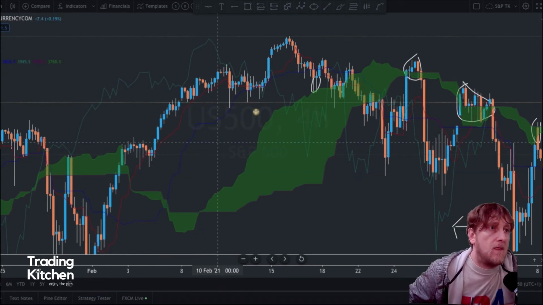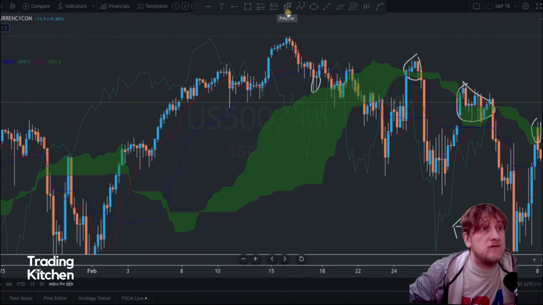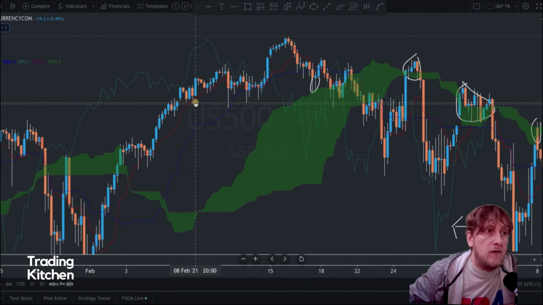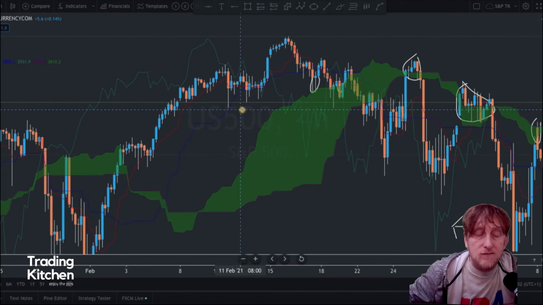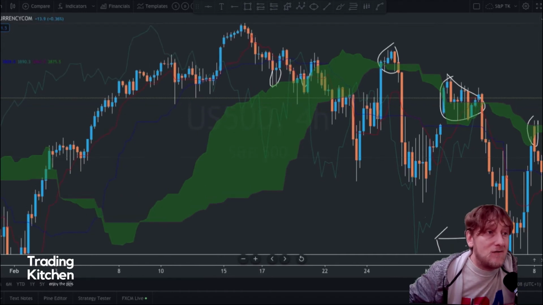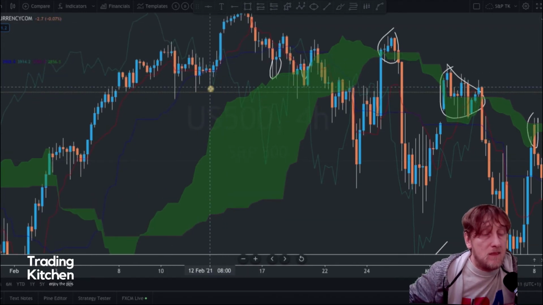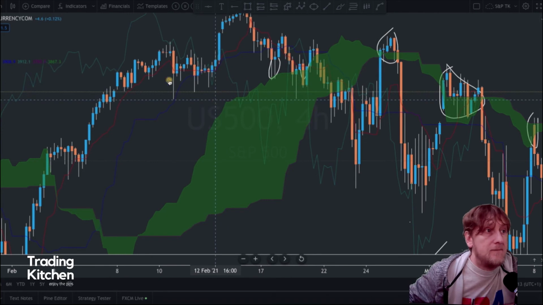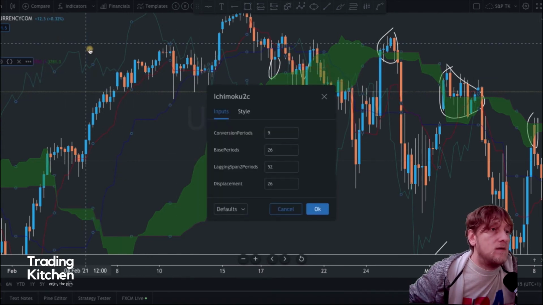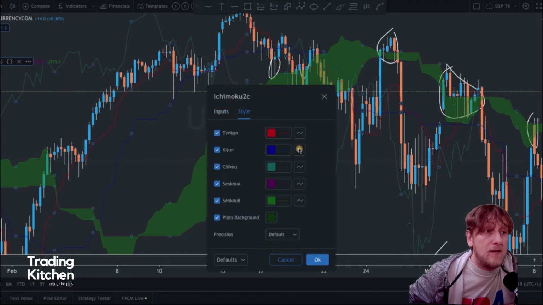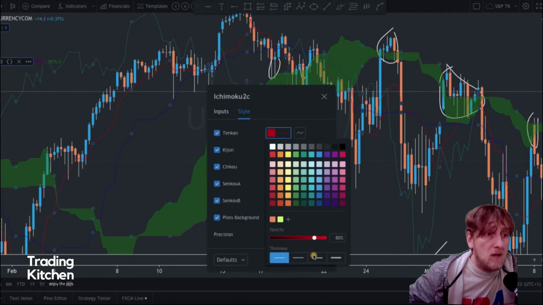Just because a lot of traders consider a valid entry when the cross line crosses, and that's the reason it is called the cross line. The cross line crosses the baseline. So the red line crosses the blue line.